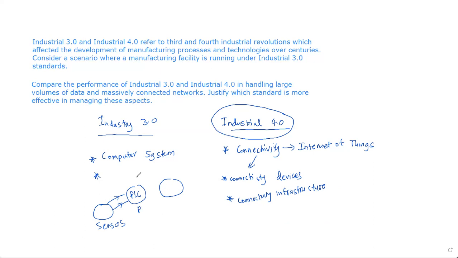The PLCs do the processing at their level, and then the processed data is sent to the central processing unit, which is located in a local network area, in the industrial facility.